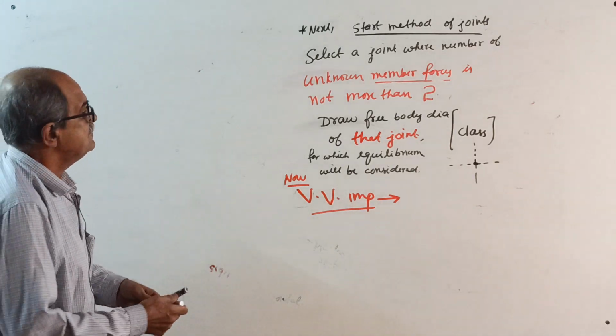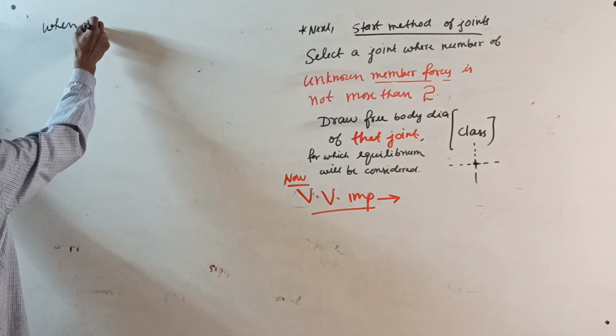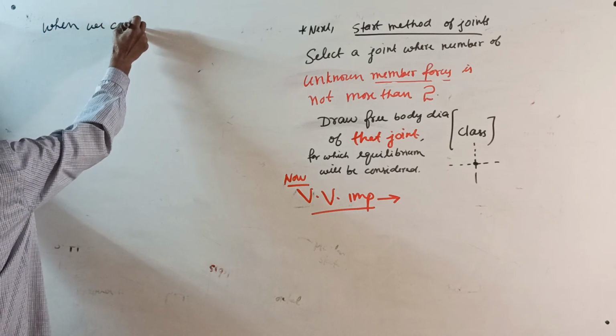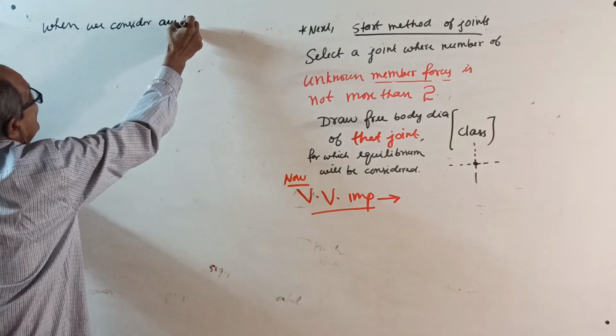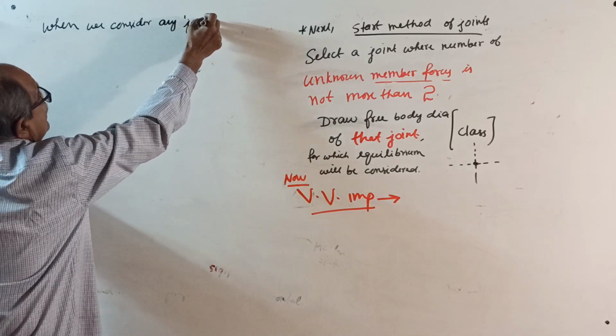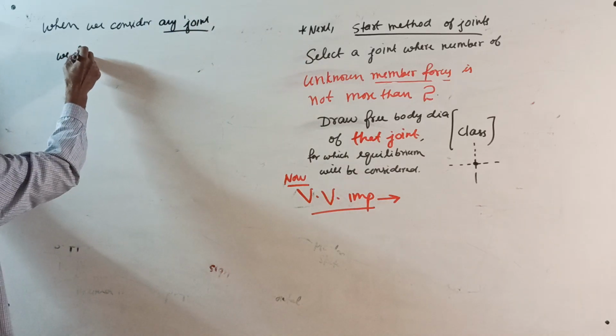Very, very important. When we consider any joint, I already told you the number of unknowns should not be more than 2. What all do we have to consider?